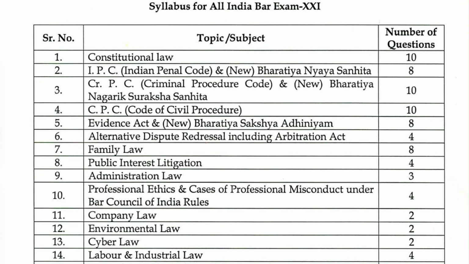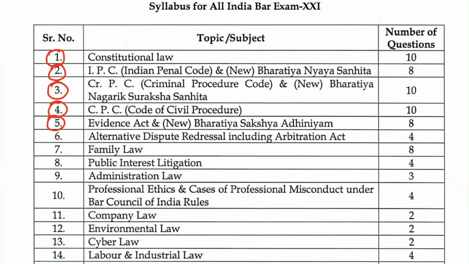The most important ones are your constitutional law, then IPC and BNS, CrPC and BNSS, then CPC. Along with this, you have to go with the Bharatiya Sakshya Adhiniyam, or the previous Evidence Act.